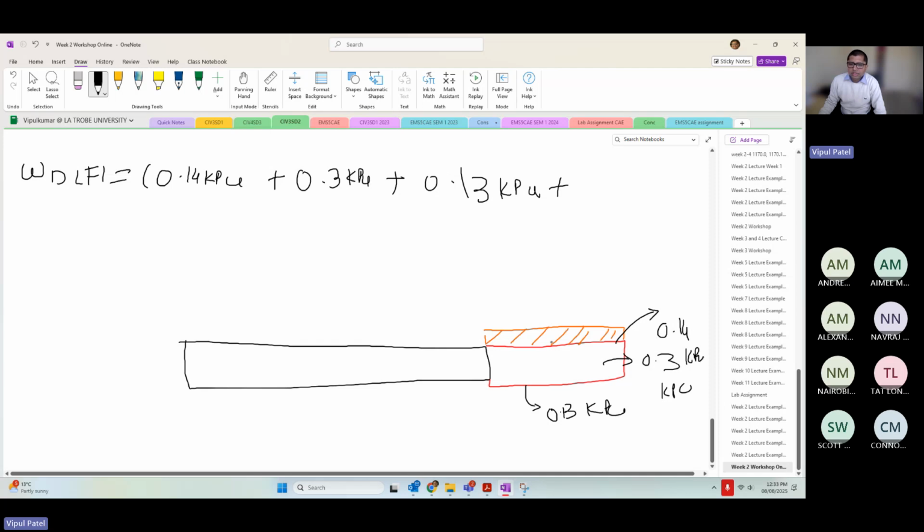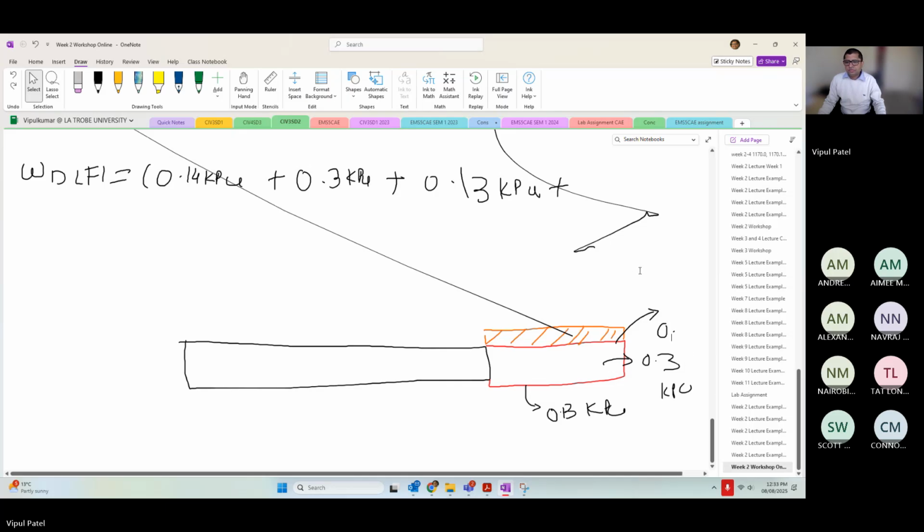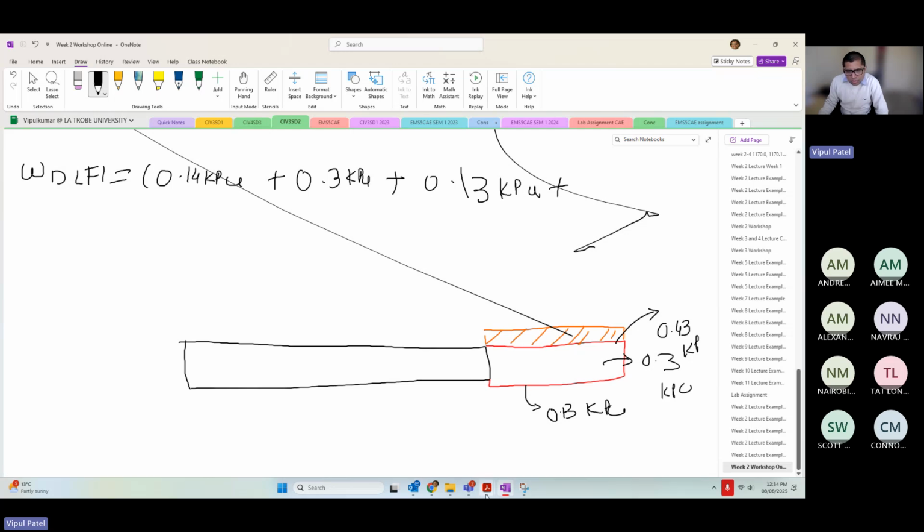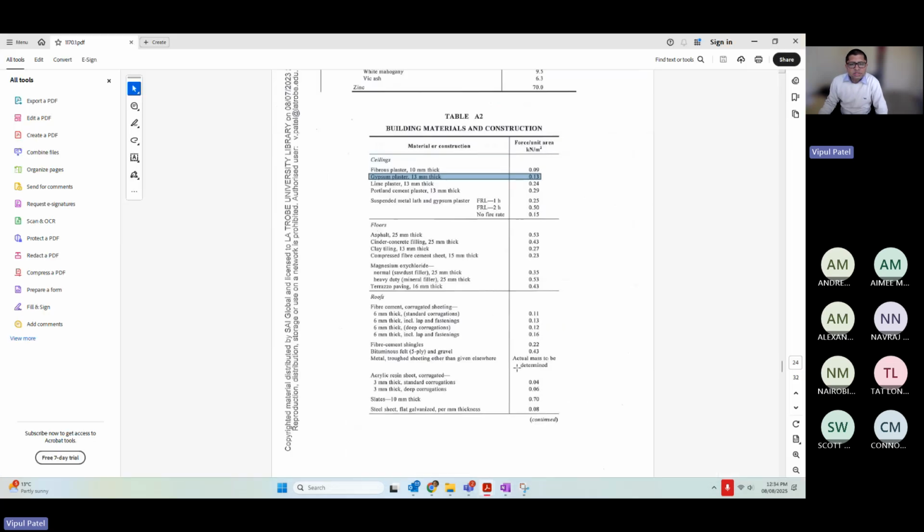And these tiles that you are talking about, this one is 0.43 kilopascals. Now someone might say, where did 0.43 come from? We will give you, but otherwise you can go to the Australian Standards as a reference.